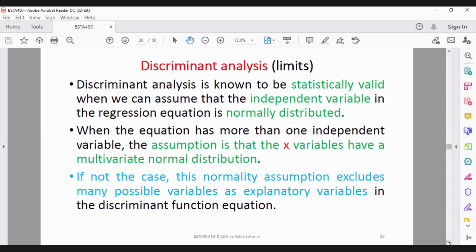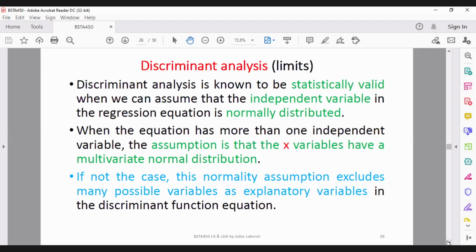What are the limits of discriminant analysis? Statistically speaking, it is known to be valid when we can assume that the independent variables, x's, are normally distributed. To consider the linear discriminant analysis equation valid, you need to check whether or not x's are normally distributed. Also, you need to check whether or not variances of x's are constant across positive and negative groups.